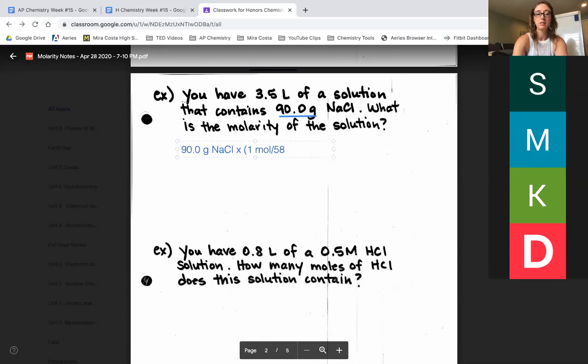That's the molar mass of sodium chloride. That'll give me 1.54 moles of sodium chloride. Okay. So 90 grams of sodium chloride is 1.54 moles.